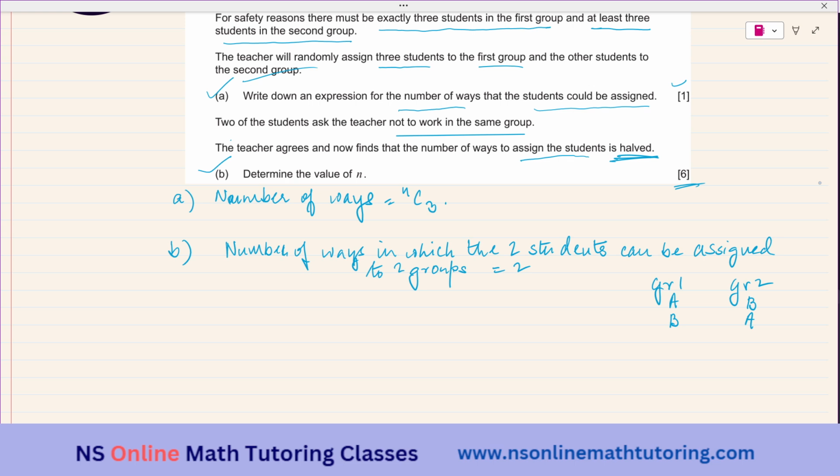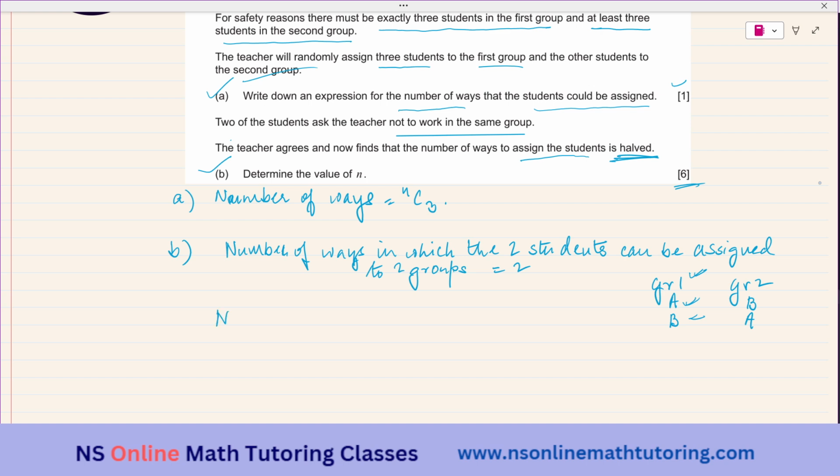And how many students are remaining? N minus 2 students. And the group 1 should be containing only 3 students. Exactly 3 students. Out of the 3 students, either A or B is already present in group 1. So the teacher needs 2 more students out of n minus 2 students. Okay.